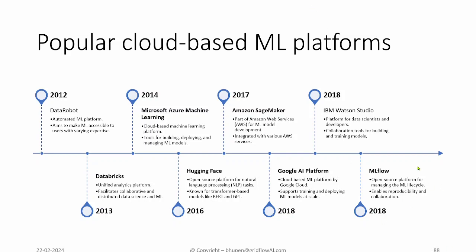Out of these, MLflow is an open source platform. That means it allows not only to build an application, it also allows you to host it on some cloud, typically free, but not for all enterprise applications.